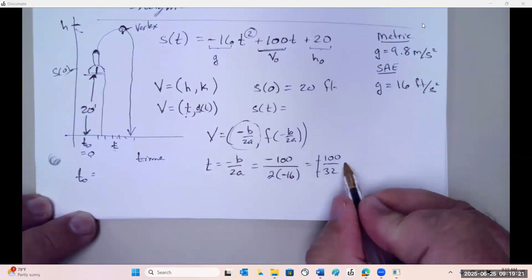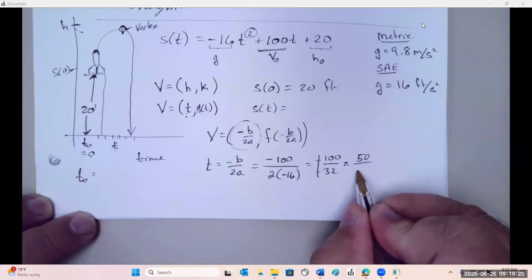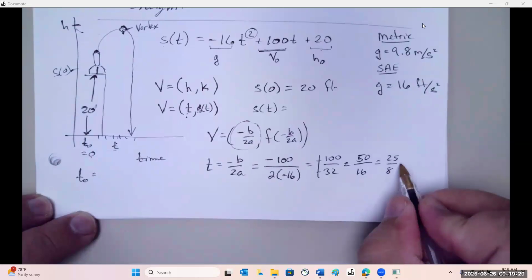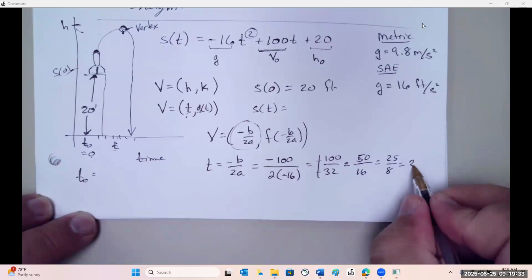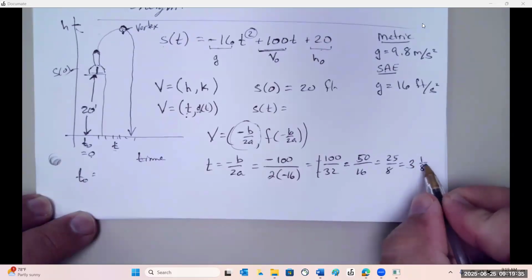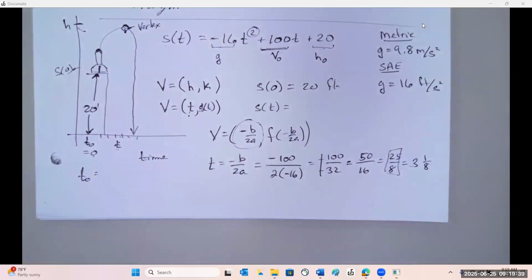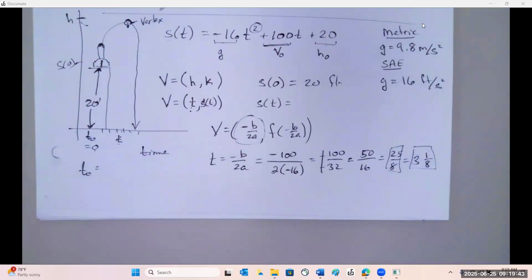The negatives cancel. They're divisible by 2. 50 over 16. 25 over 8. 8 goes into 25 3 times with 1 left over. So that tells you relatively 3 seconds after takeoff, you're at your highest point.